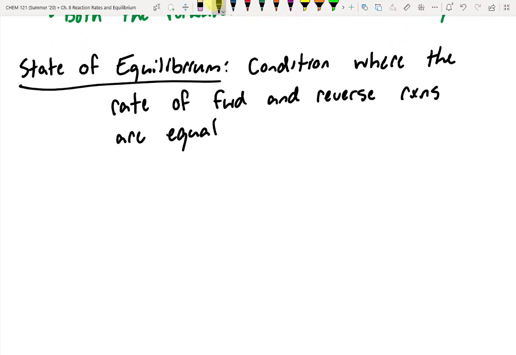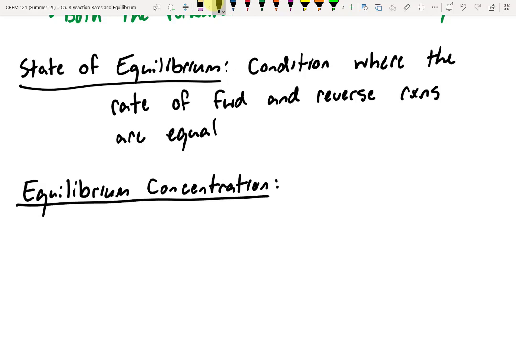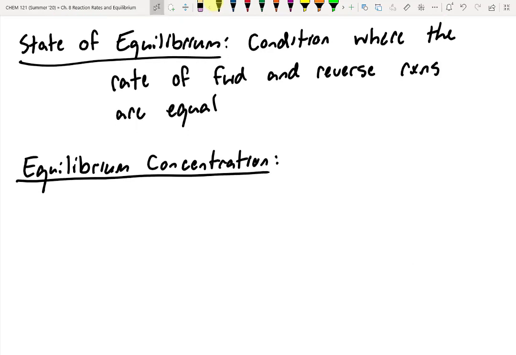So again, let's describe what's going on here. Well, when you're at equilibrium, you've got what is called an equilibrium concentration. And what this means is it's looking at the concentration of each component of the mixture at equilibrium. And at that point, things basically stop changing in terms of their overall concentration.